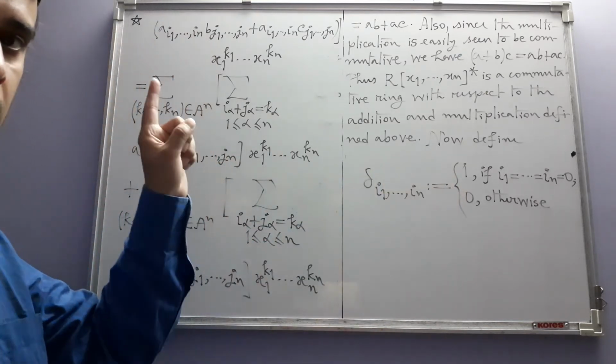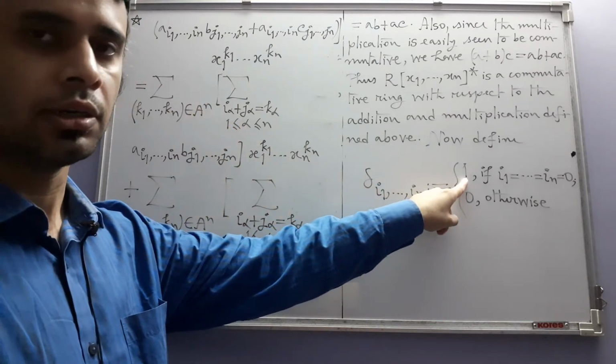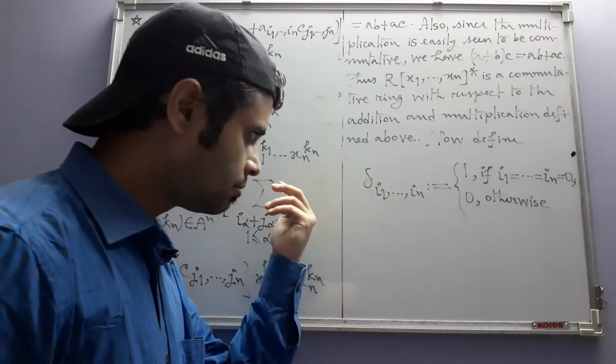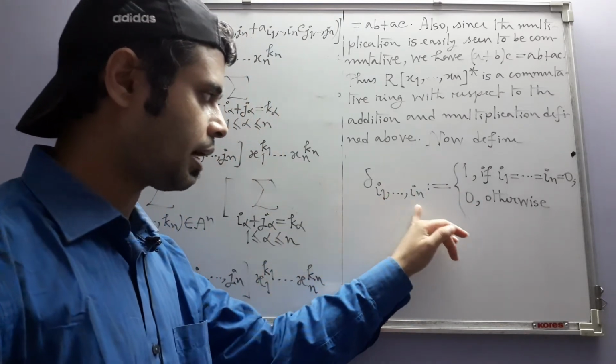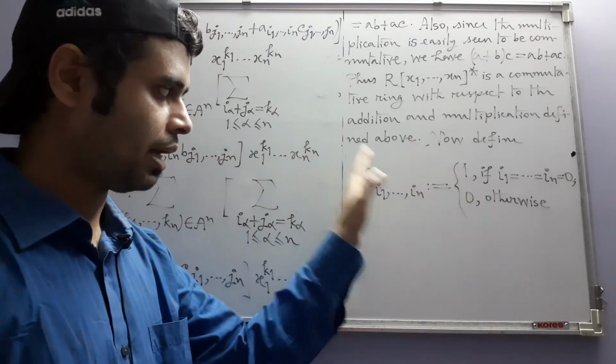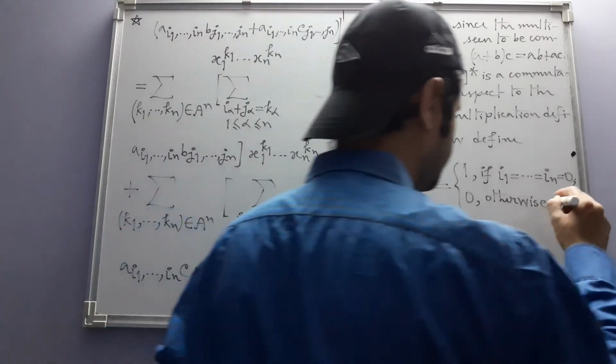Note that R is given to be a commutative ring with unit element, so this is that unit element. And for any other n tuple where at least one Ij is non-zero, the value of this corresponding delta is 0.